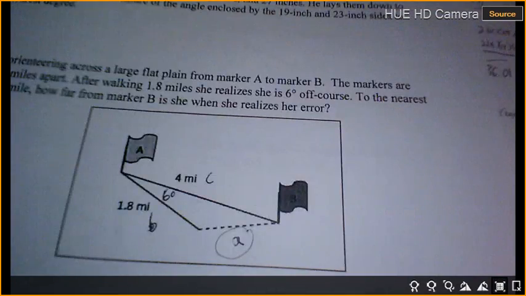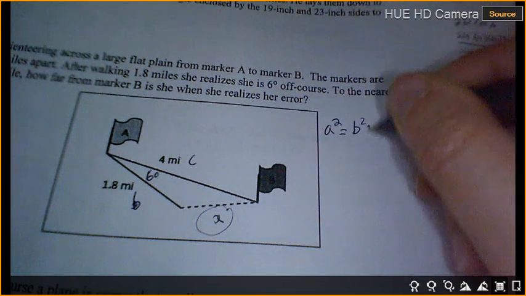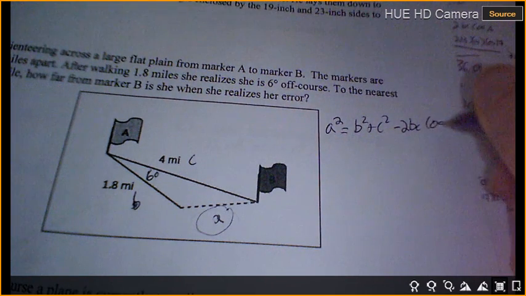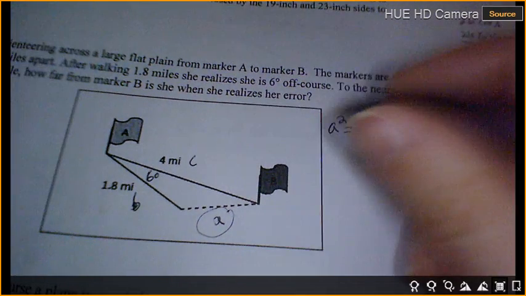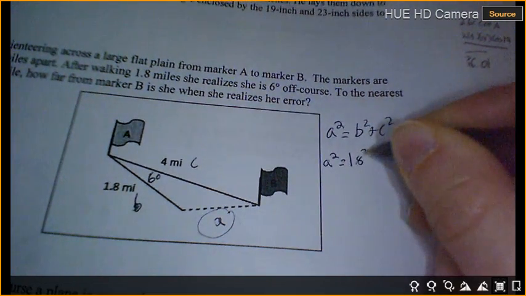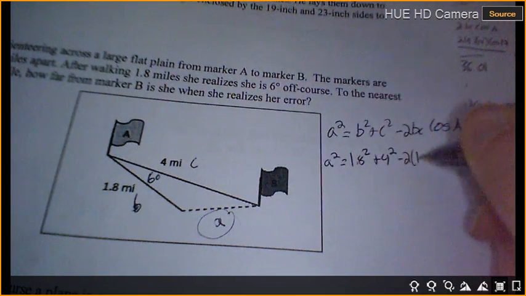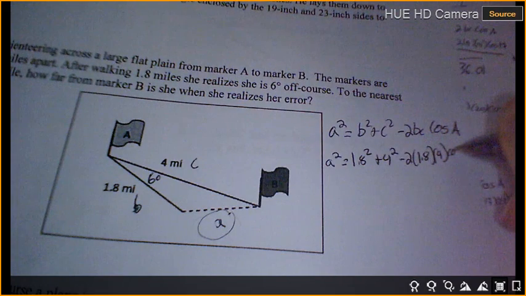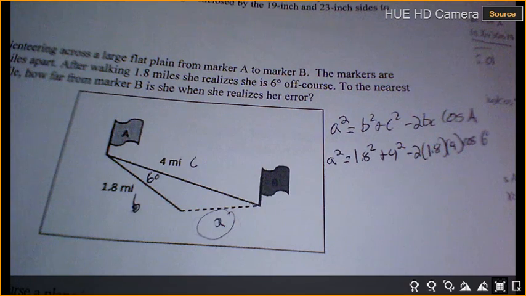So we're going to use the equation a squared equals b squared plus c squared minus 2bc cosine A. Okay, so we go a squared equals 1.8 squared plus 4 squared minus 2 times 1.8 times 4 times cosine 6.